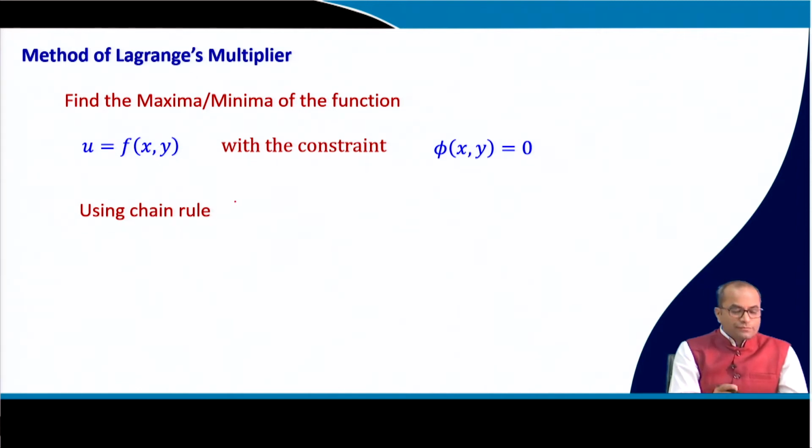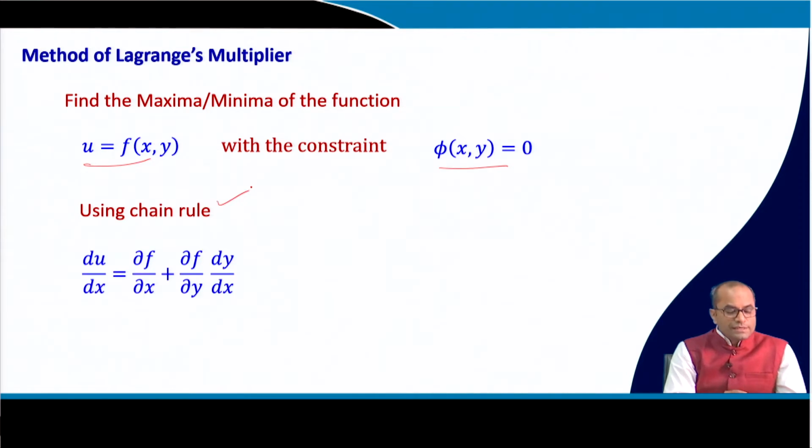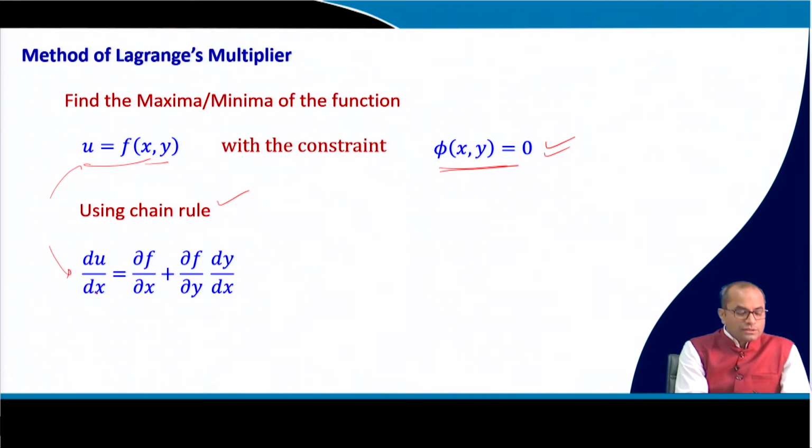Now if we want to derive how to find the maxima and minima of this problem, we can use the chain rule which we have studied for functions of two variables. Here u is a function of x and y, and x and y are related by this relation, so y is a function of x.